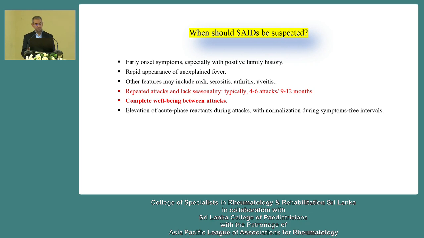Other features may include rash, serositis, arthritis, uveitis, repeated attacks with regularity, typically 4 to 6 attacks per 9 or 12 months, and complete well-being between attacks. Again, this is for the classic, but for the new or atypical cases, you need to keep a high index of suspicion, especially if there are unusual manifestations like interstitial lung disease, CNS involvement, and brain calcification.